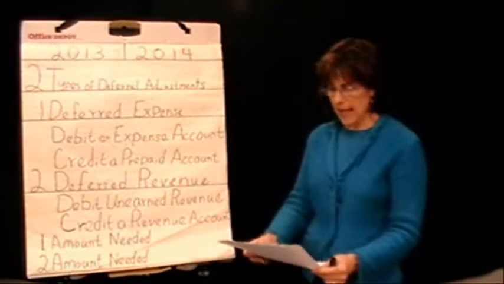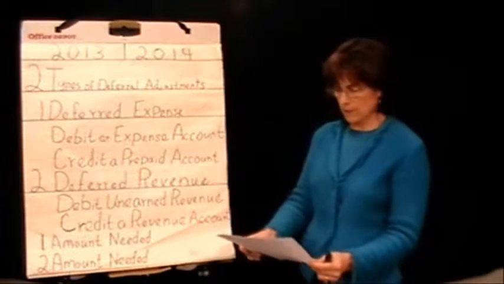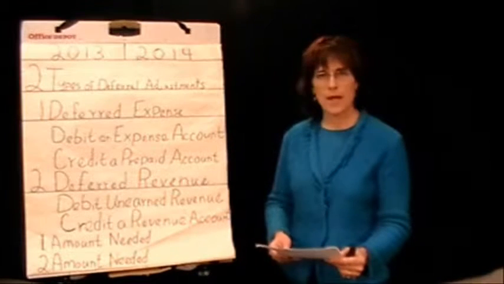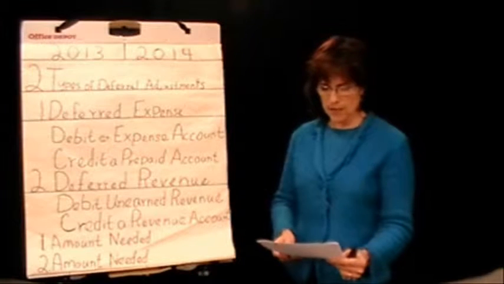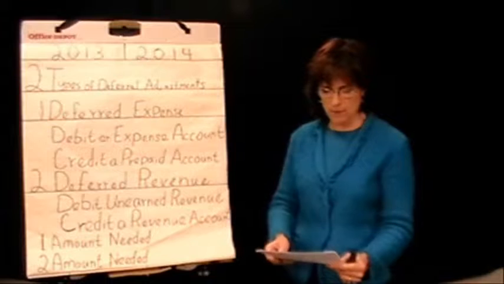Looking at our problems to work, I hope you have downloaded these as you are looking through this video clip. The first one, I think the best way to handle this is just to read through and try to do some problems.